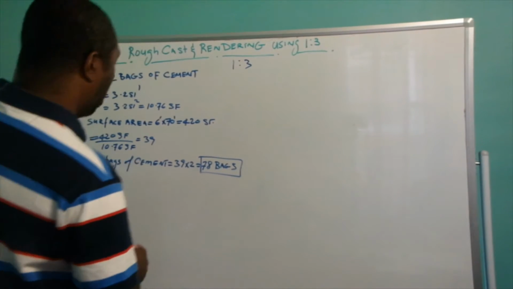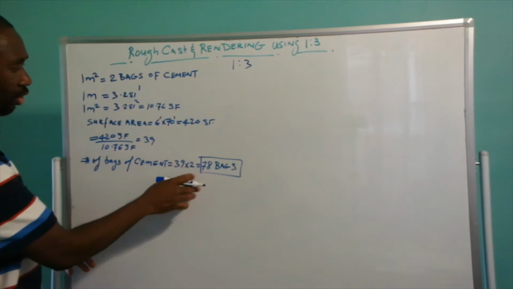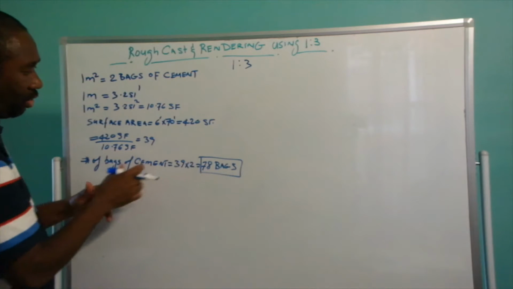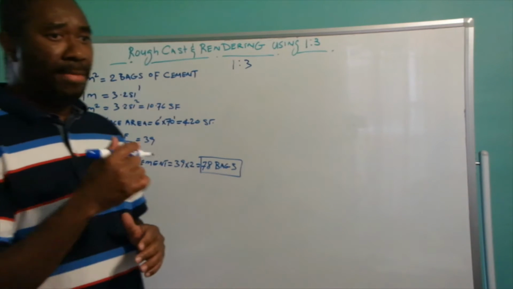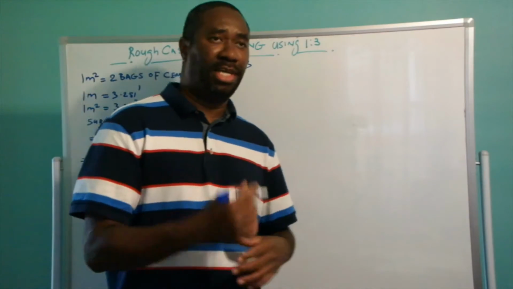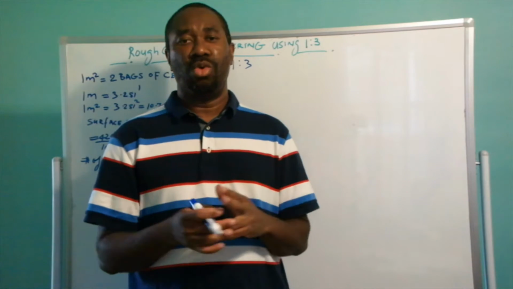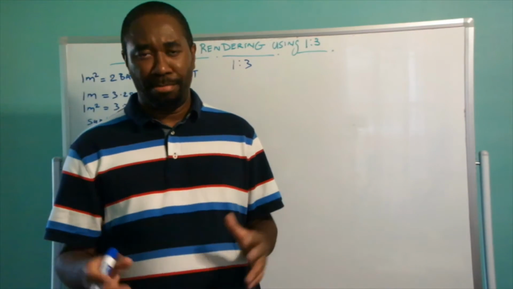So if we want to find out how many barrels of cement is equivalent to this 78 bags of cement, and remember, I've stated to you that it will take approximately 2.5 bags of cement to fill 1 barrel.